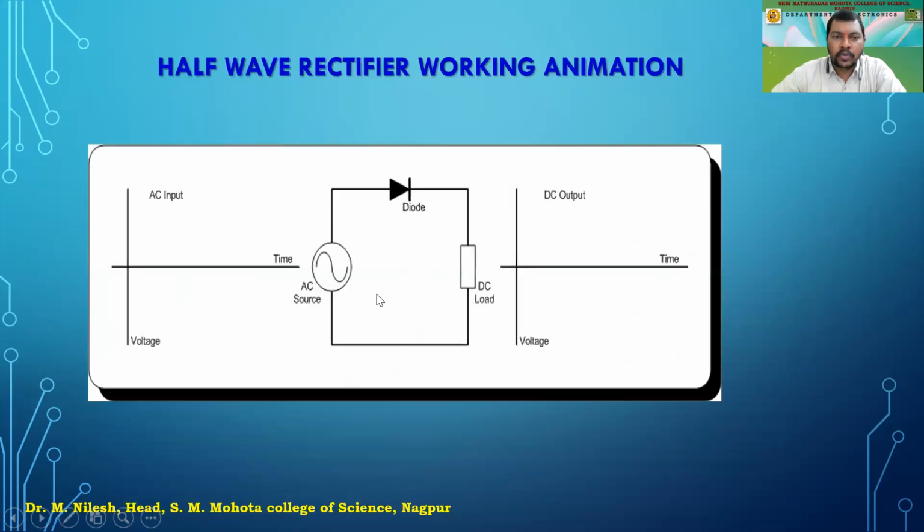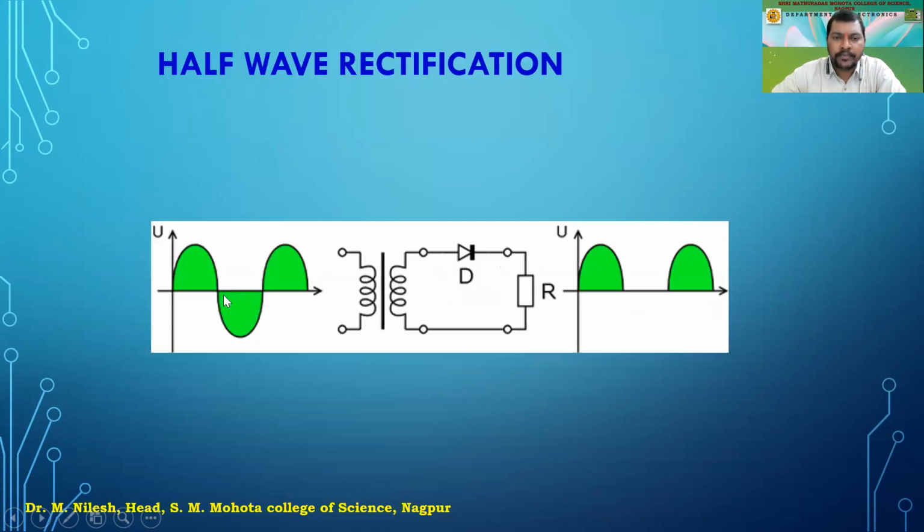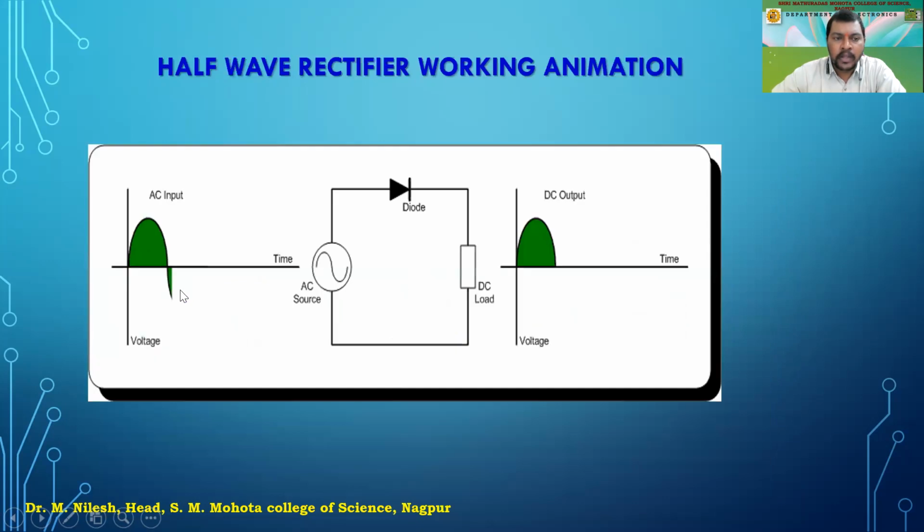And what happens to the circuit? As soon as the first positive half cycle of the AC input comes across this diode, the anode of the diode becomes forward biased. So the anode is positive and the cathode is negative, and the diode will conduct.